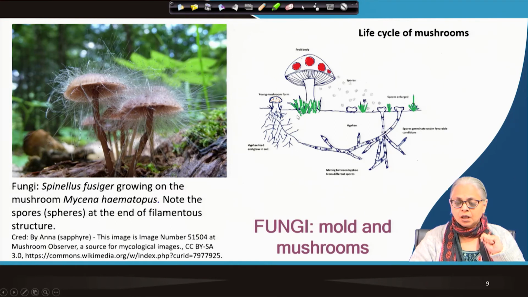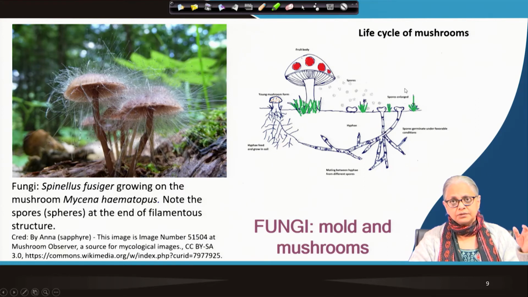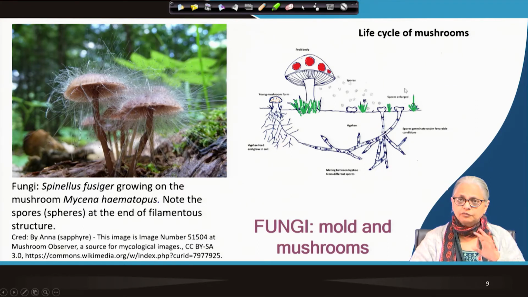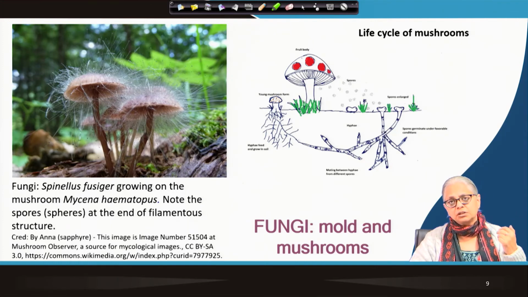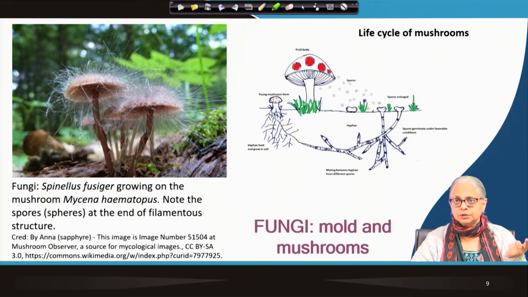conidiophores. So here we have, now how do these mushrooms propagate? So you have, let's say a spore forms, and it drops off from the original fruiting body, and it falls in a place where there are favorable conditions. So what are the favorable conditions? Mushrooms will generally be found where there is ample moisture and ample nutrients.